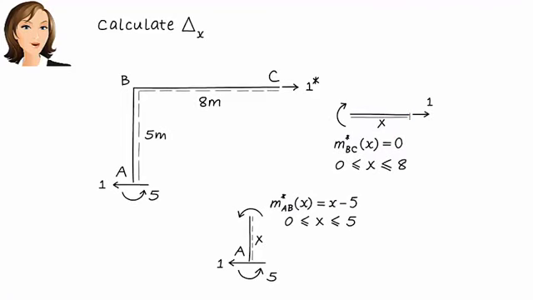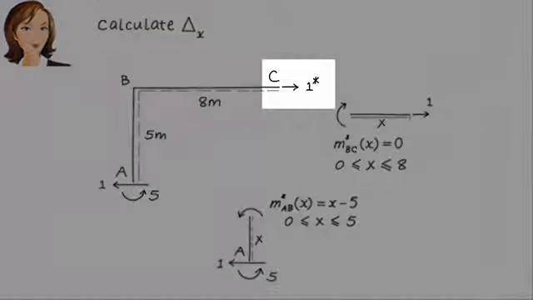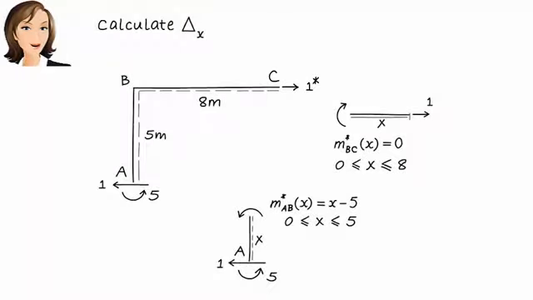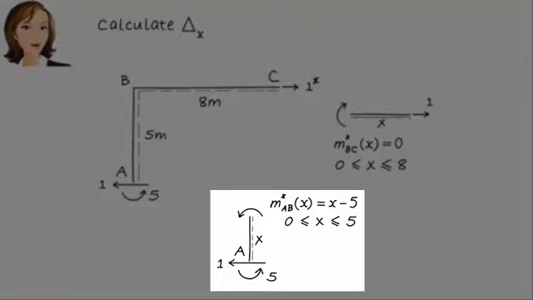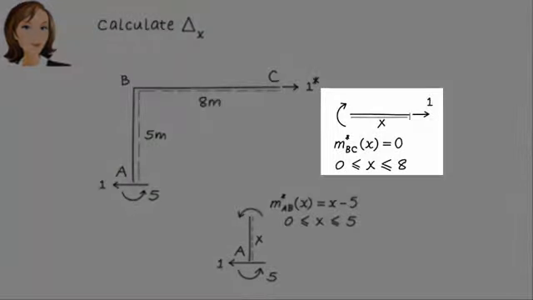Since we want to determine delta x, the virtual unit load is placed in the x direction at C. Again, we need to write the moment equations for the frame members. For member AB, we get x minus 5. For member BC, we get 0. The member does not carry any bending moment. It just carries an axial load.